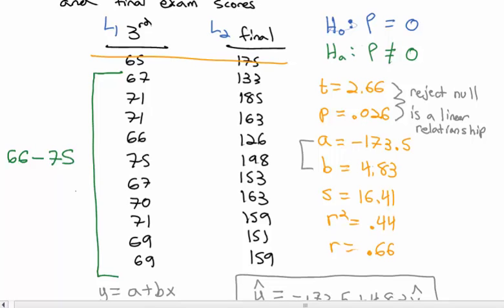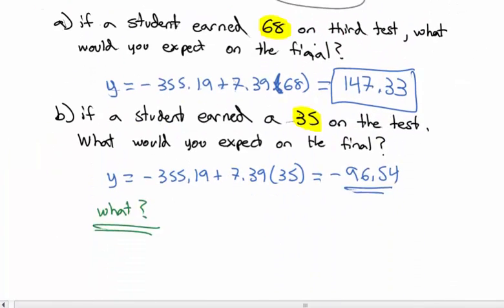Because the data only goes from 66 to 75 as a domain, our model really should only be good between 66 and 75. Maybe close to 66 and 75. I might be able to predict 76, 77, those values. But I'm not going to be able to predict much above or much below because my model might break down. So it's important when we're making predictions.